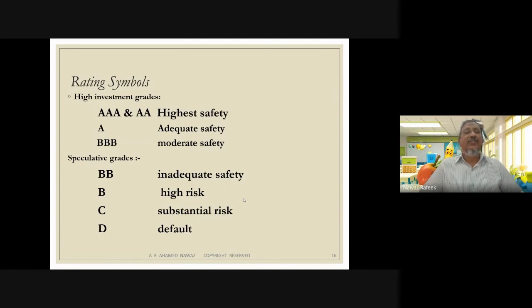Double A is 95% safety, and so on. Likewise, the ratings have been specified in their ratings report.